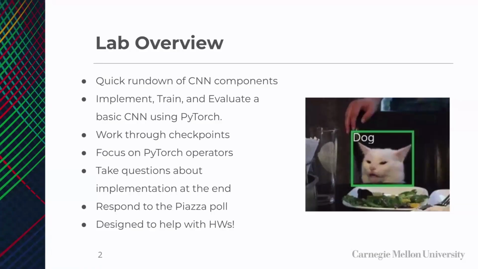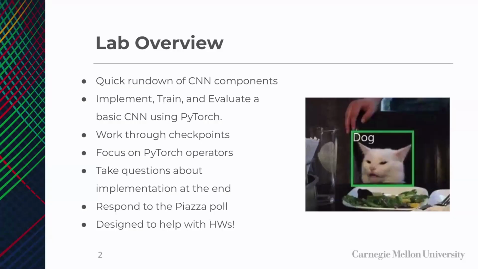And then we will walk through different checkpoints and focus on the PyTorch operation. Then we take some questions about the implementation at the end. And also you have to respond to the peer polls. You have to know that this lab was designed to help you with different assignments.